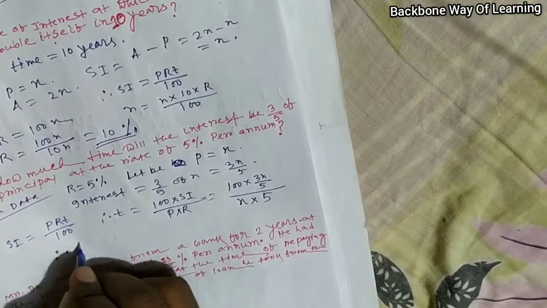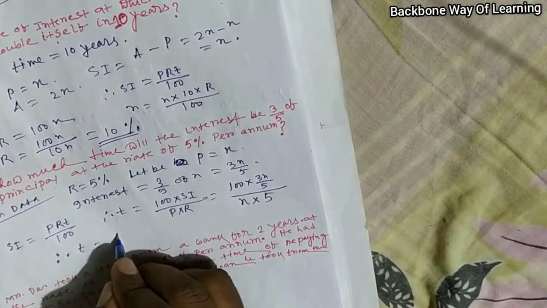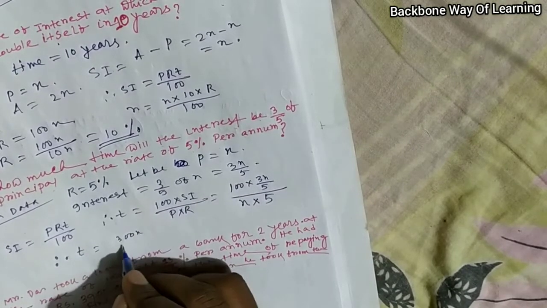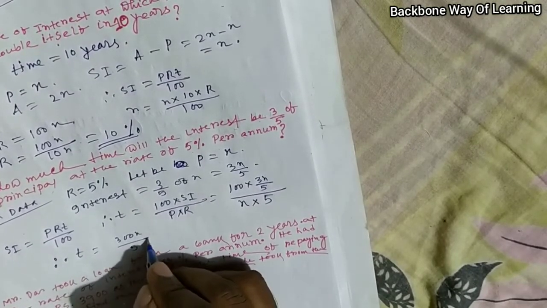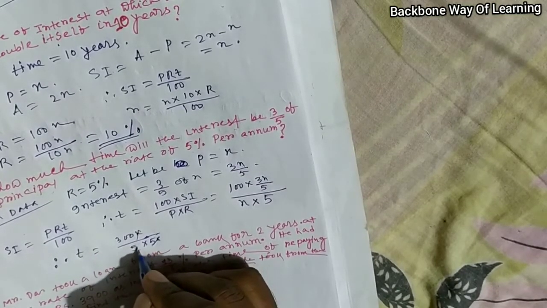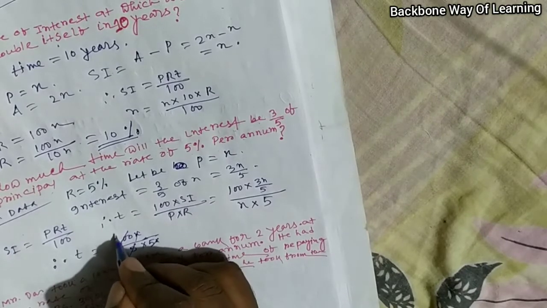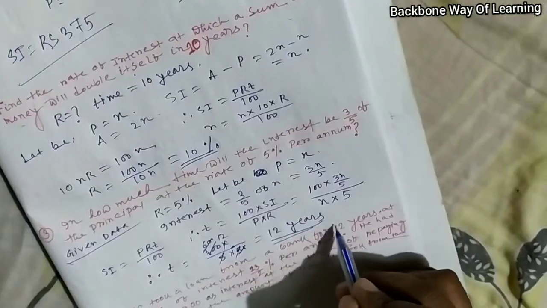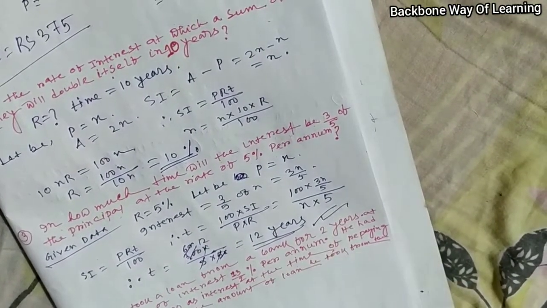Therefore, T is equal to 12 years. This is the answer.